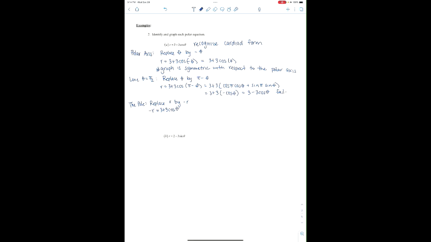This gives us r is -3 minus 3 cosine theta, which is a fail. Fails that test. So the other thing we can check for this one is if we replace theta with theta plus pi.